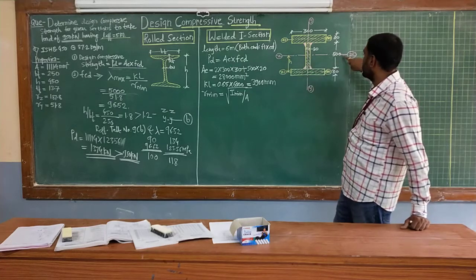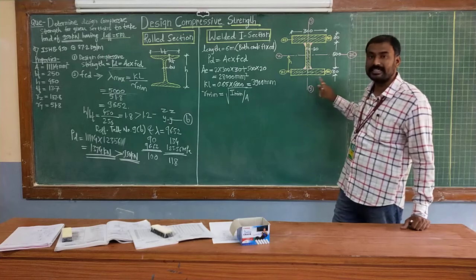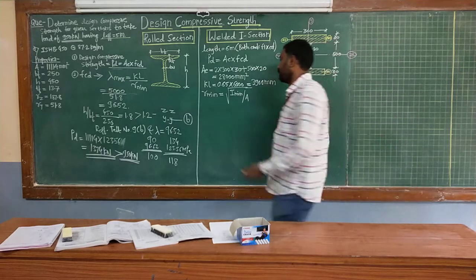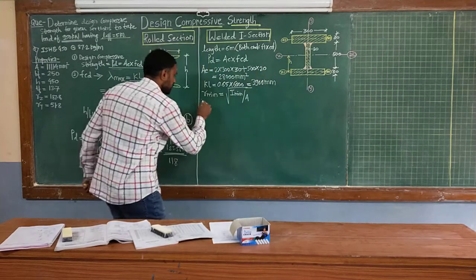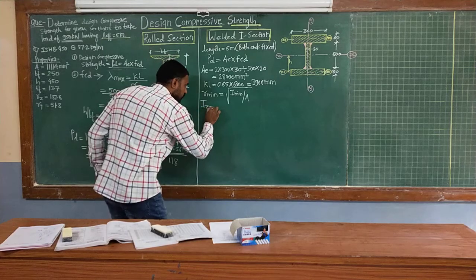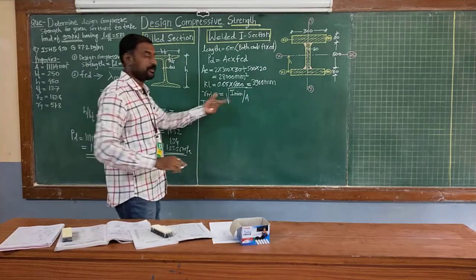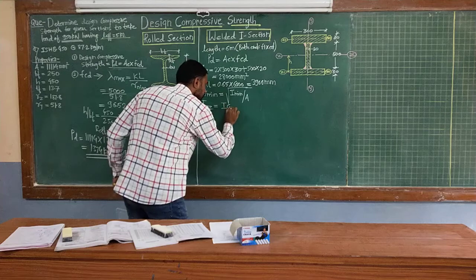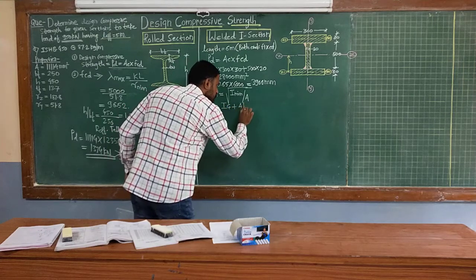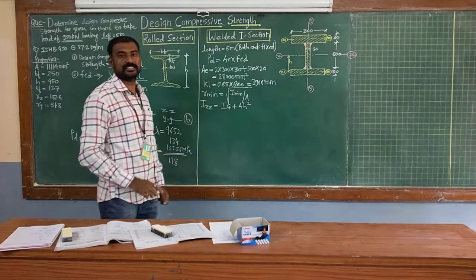This is the common Z axis and Z1 is the individual axis, correct? Calculating the moment of inertia about the Z axis, IZZ equals IG plus A h square, the parallel axis theorem.